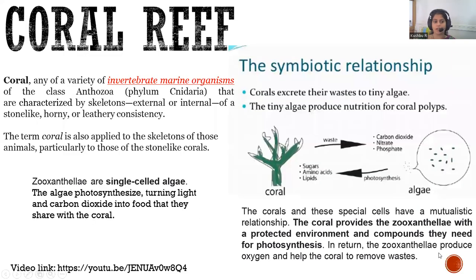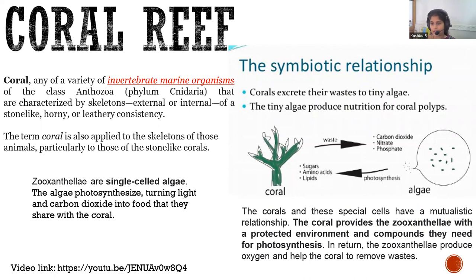Coral reefs are generally invertebrate marine organisms, which are generally seen in the marine beds, believed to be corky, stony, or leathery in texture, attached to the ocean beds or the rock platform of the sea.